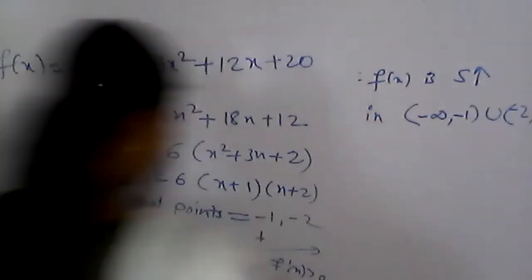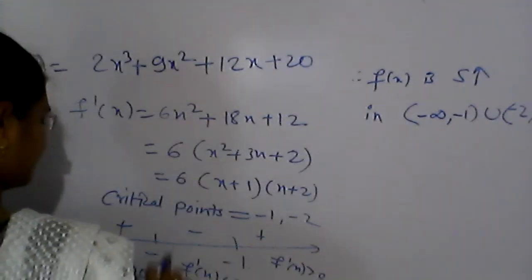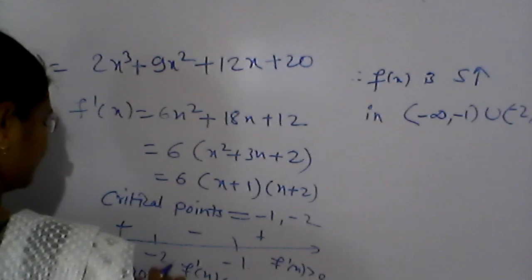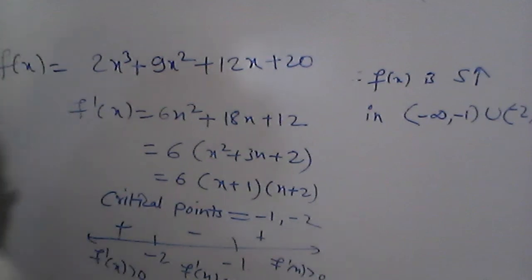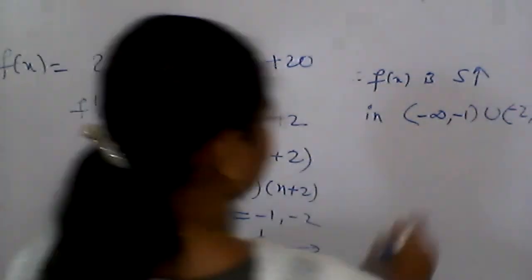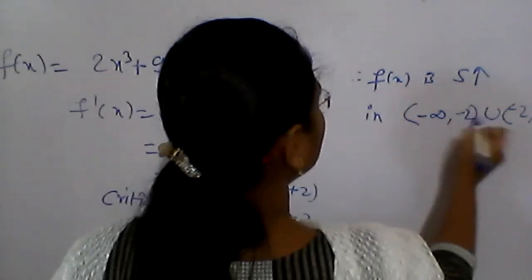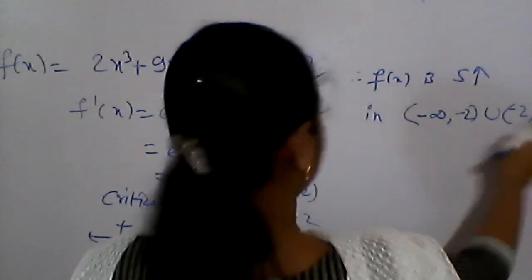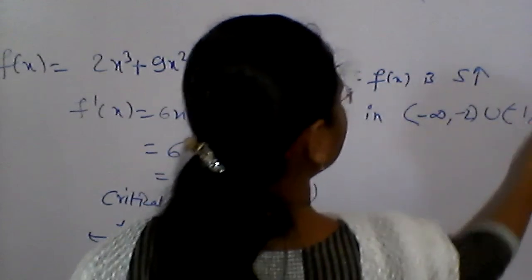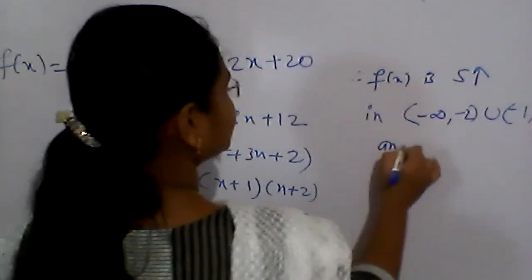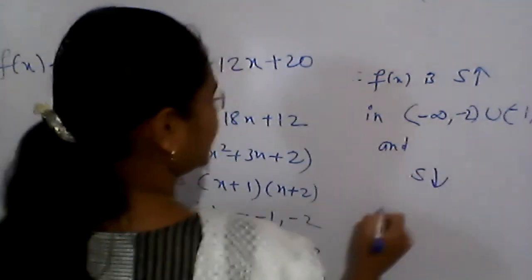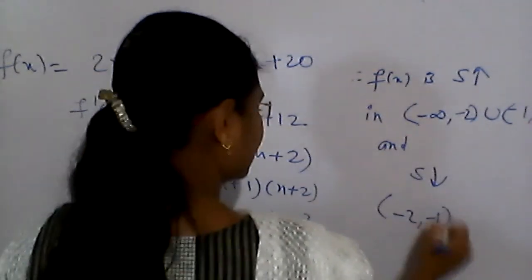I made some mistake. Here -2 should be there, no? -2 here, -1. Okay. In -∞ to -2, and then -1 to infinity, and strictly decreasing in -2 to -1.